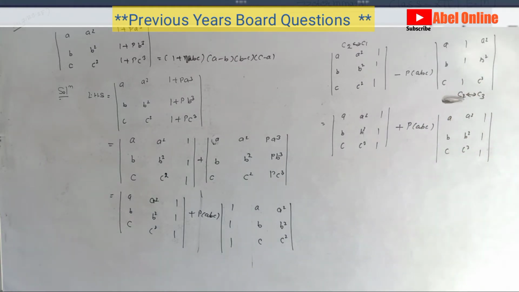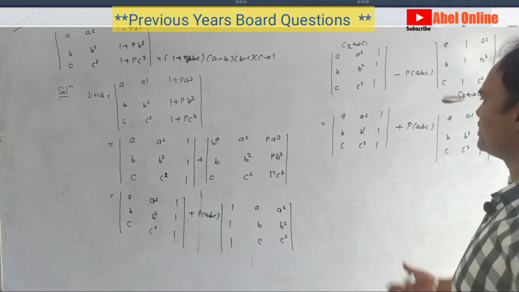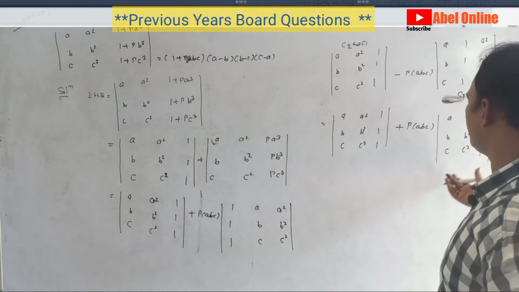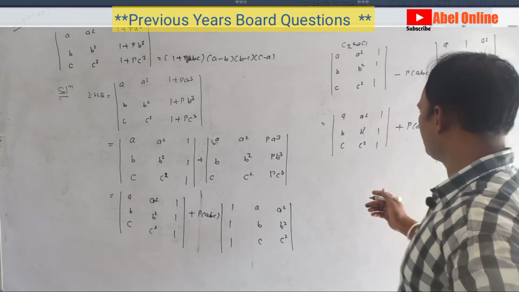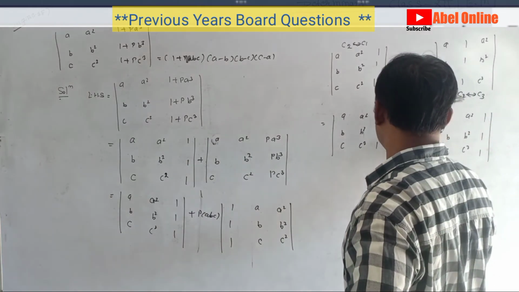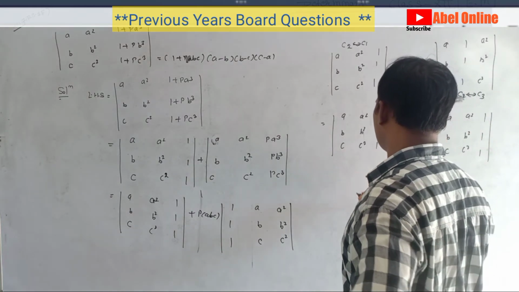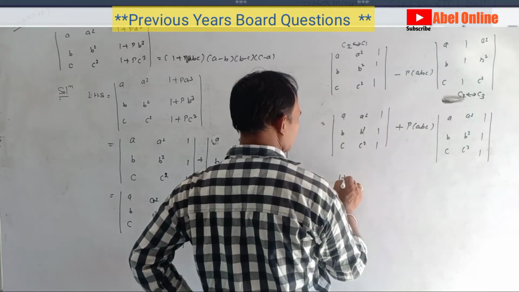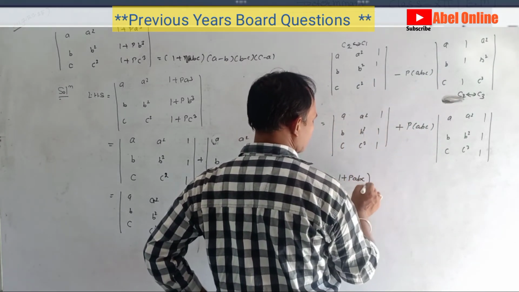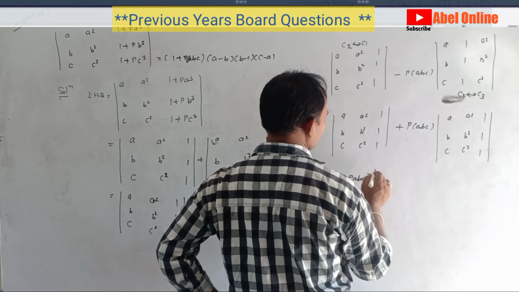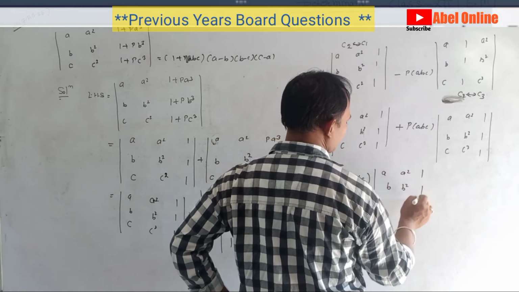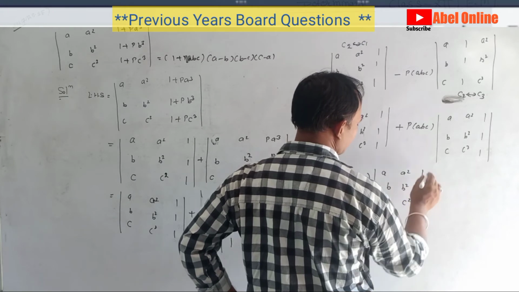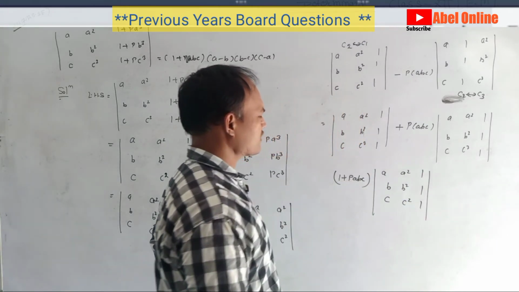Now both are the same, a square 1, a square 1, so we can take common, and the remaining part is 1 plus p abc times a square 1, b square 1, c square 1. Okay, so it is completed now.